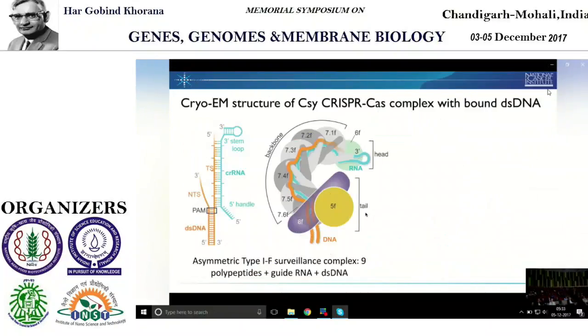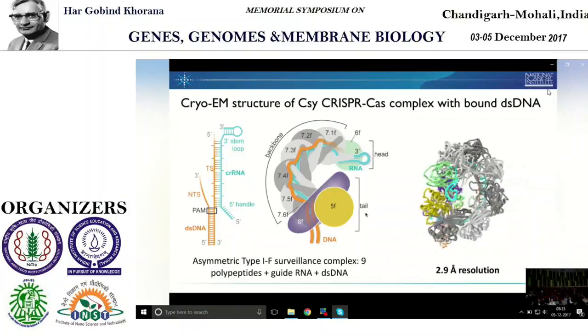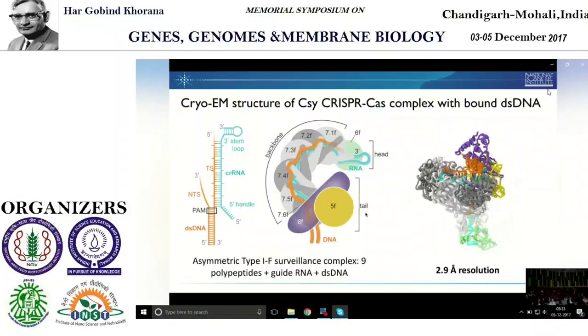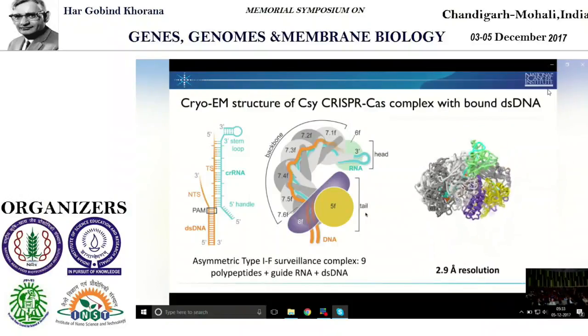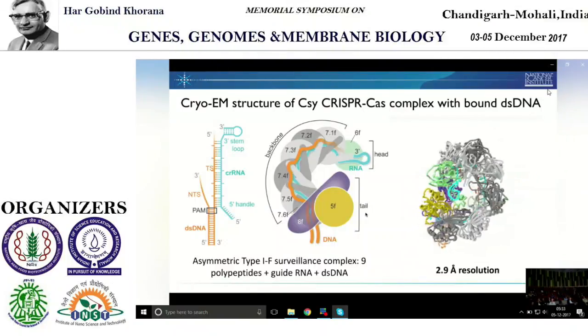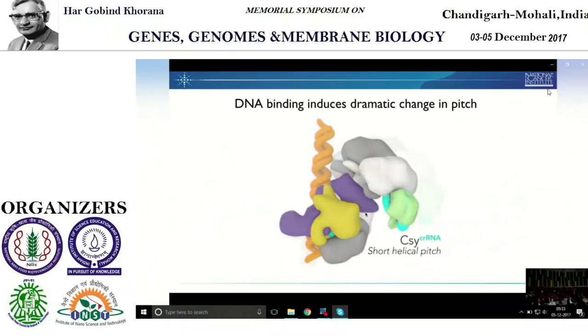What we showed, in a structure that actually was perhaps the most challenging we've done, is the near atomic resolution model for the CRISPR-Cas complex, 9 polypeptides, no symmetry, with RNA and DNA. And what emerged from this work again is the revelation of the extraordinarily dynamic nature of this complex.